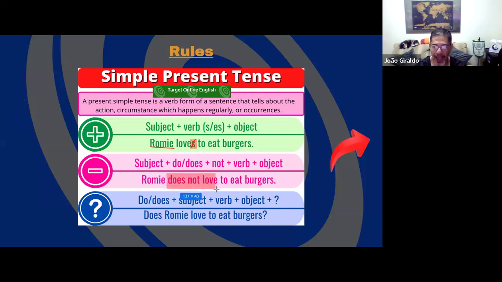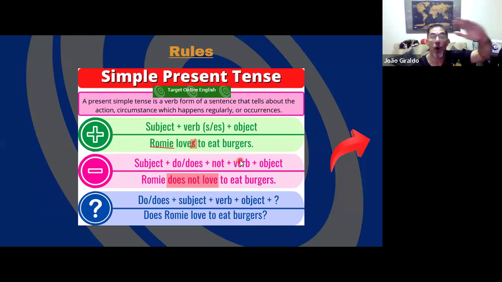Okay? And my verb returns to infinitive form. So we use the auxiliary verb plus not, equal order, okay? Subject, auxiliary verb. In this case, for he, she, it is does. Not, because it's negative.